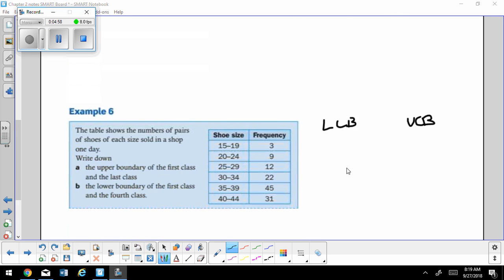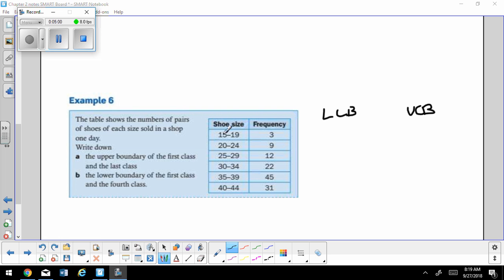Over here, we're talking about shoe sizes. This is a sample of all of the shoe sizes that exist, because there are definitely feet that are smaller than a size 15, and there are more that are larger than a size 44. So this is sample data from a larger population that we definitely know about.